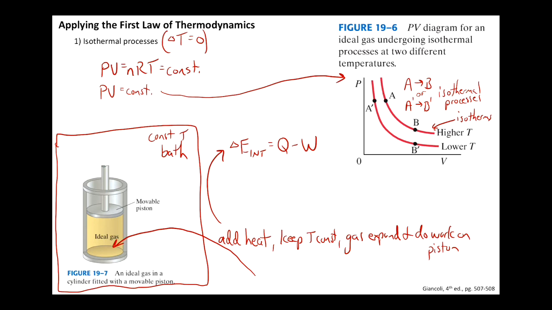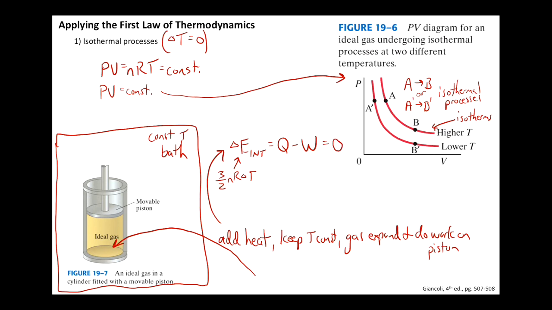I don't know. Delta E internal. Don't forget from, when was it, I guess last chapter or earlier in this chapter, we said delta E internal is equal to 3/2 nR delta T. If temperature isn't changing, well, that means that the internal energy of the system isn't changing, right?